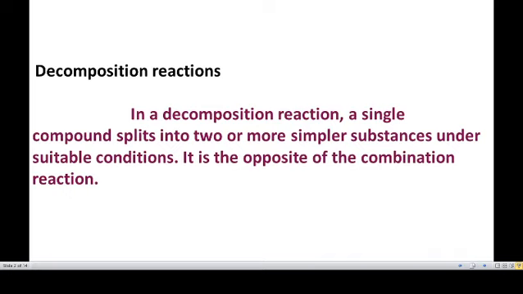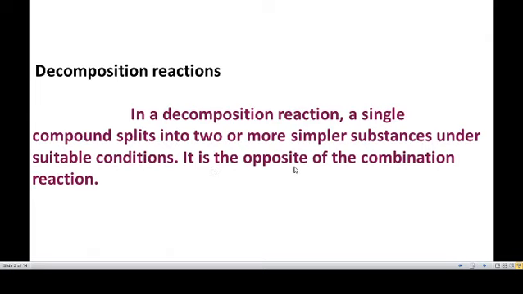What is a decomposition reaction? In a decomposition reaction, a single compound splits into two or more simpler substances under suitable conditions.